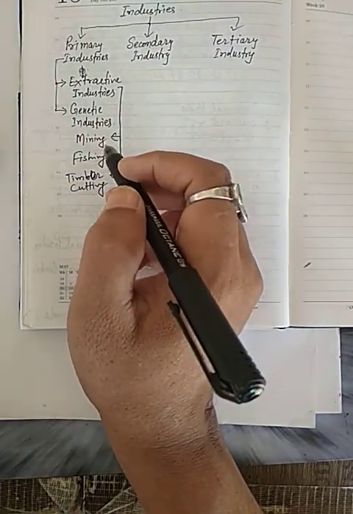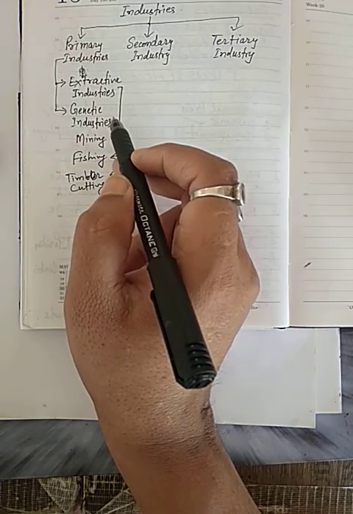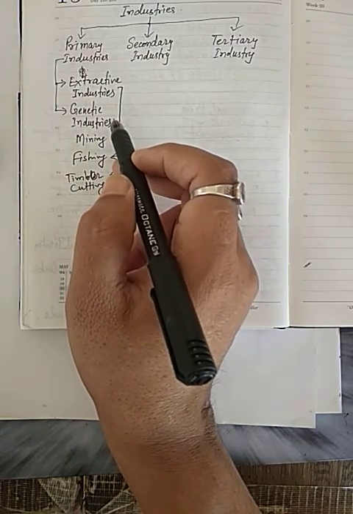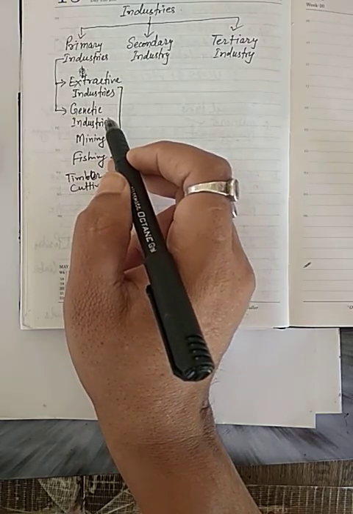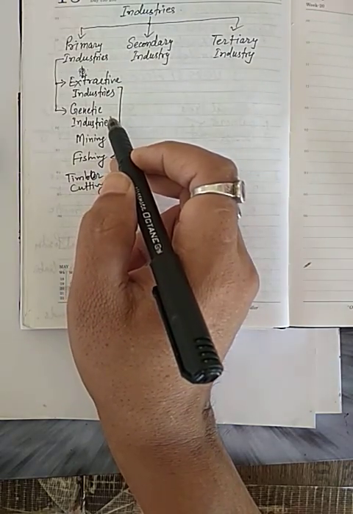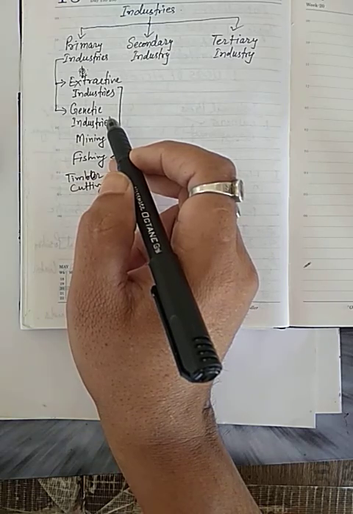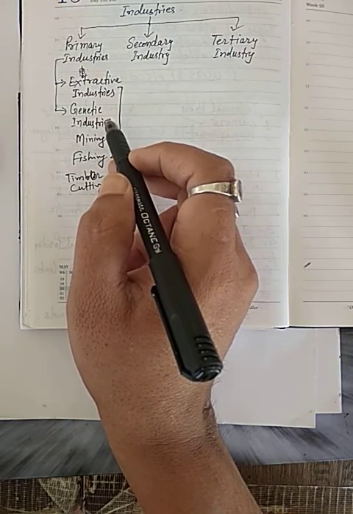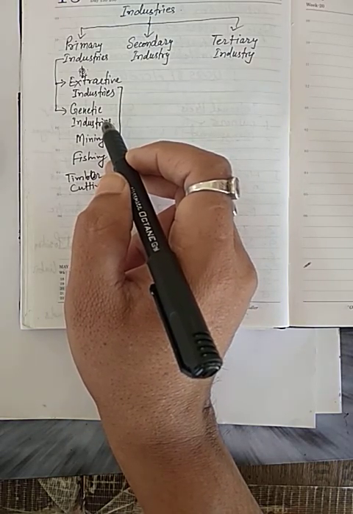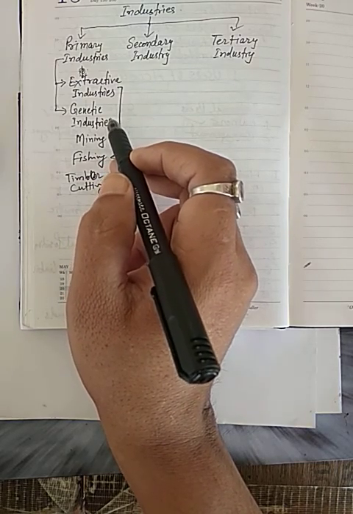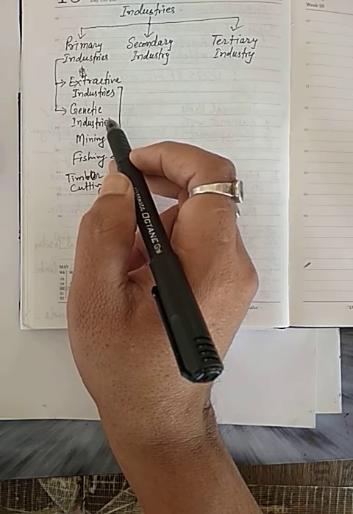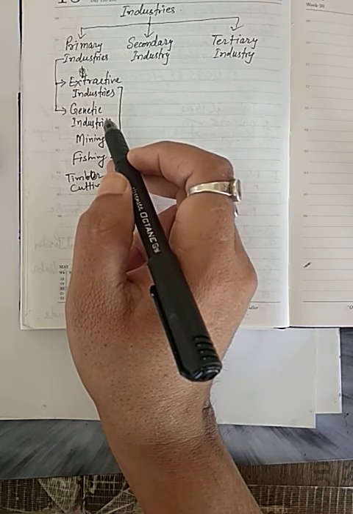Now, genetic industries. Genetic industries can also be categorized into parts.